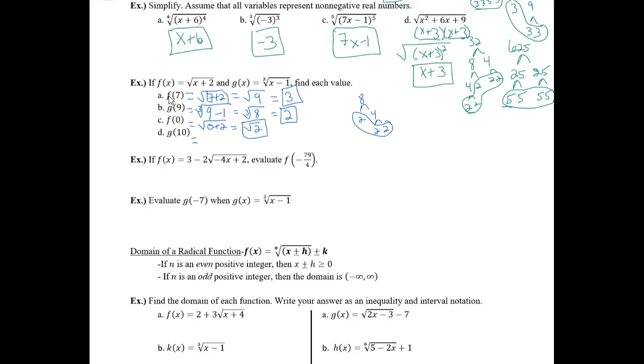And then on part D, we want to find g of 10. I go back to my g function and say the cube root of 10 minus 1. 10 minus 1 is 9. And the most common answer I get is that the cube root of 9 is 3. But we're not dividing 9 by 3. We're saying what times itself 3 times would give me 9, which is not 3, because 3 times 3 times 3 is 27.